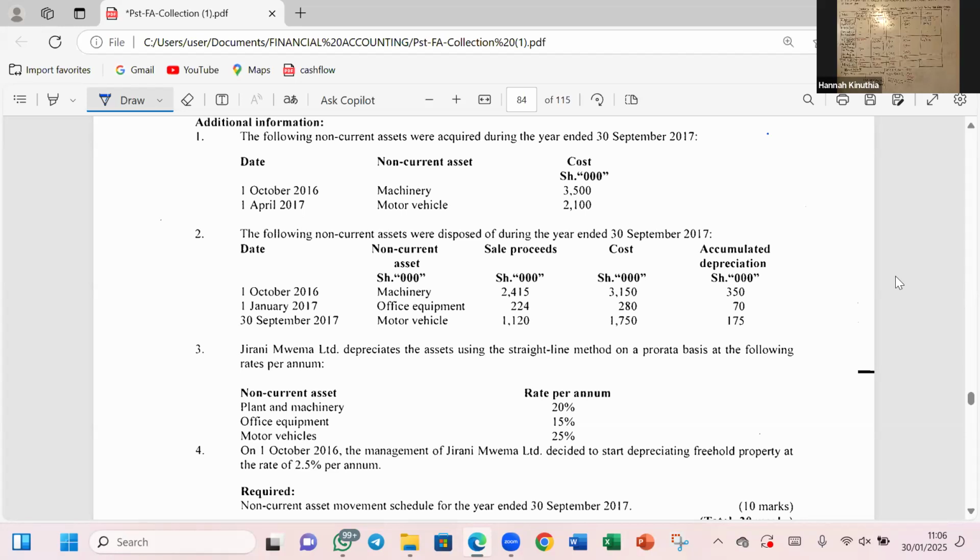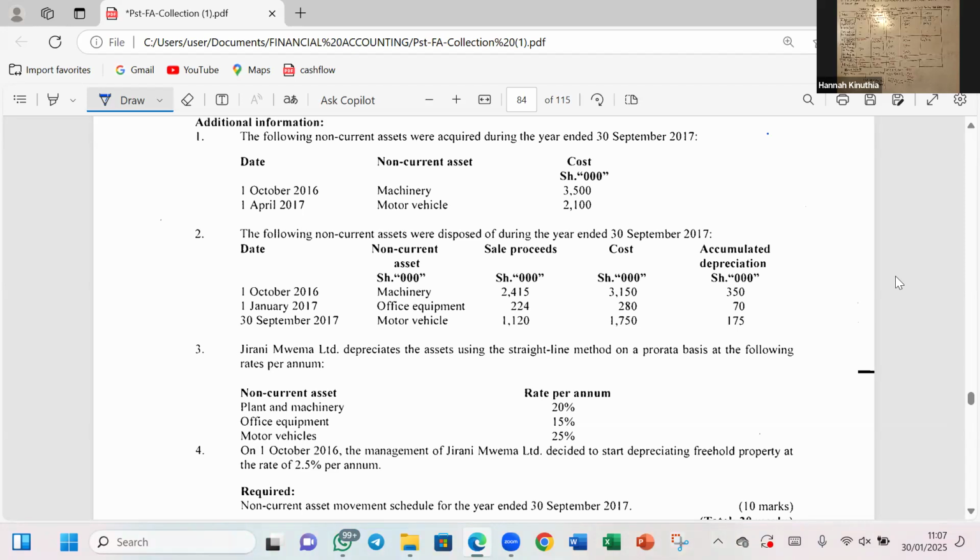On 30th September 2017, non-current assets: motor vehicle, sale proceeds 1,120, at cost 1,750, accumulated depreciation was 175. Jirani Mwema Limited depreciates the assets using the straight line method on a pro rata basis at the following rates per annum: plant and machinery 20%, office equipment 15%, motor vehicles 25%.